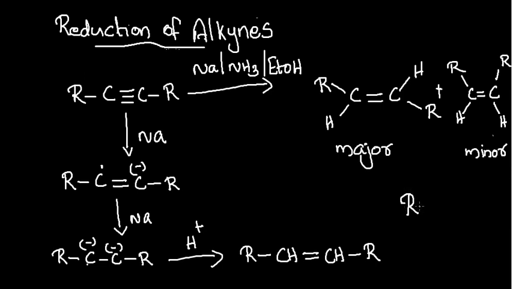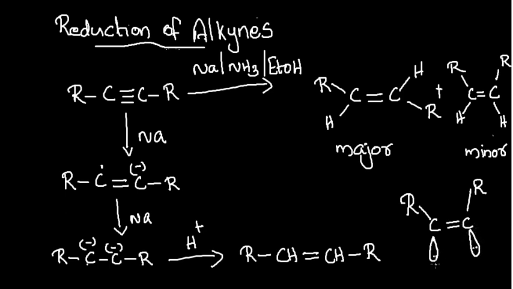That is R, C=C, R, dianion. That is, a pair of electrons present on one carbon and one pair of electrons present on the other carbon.